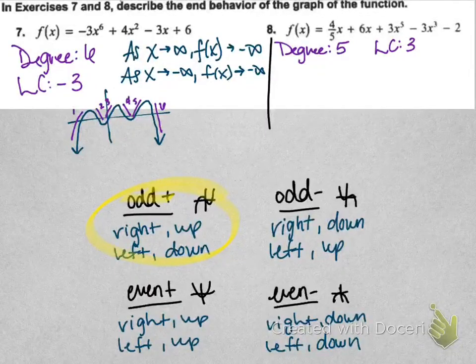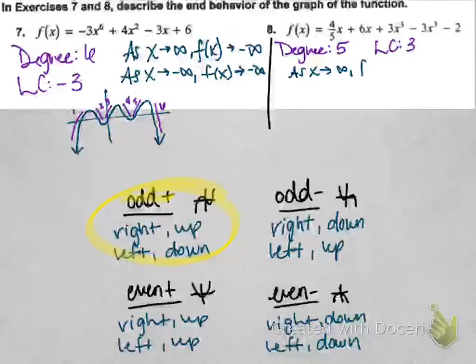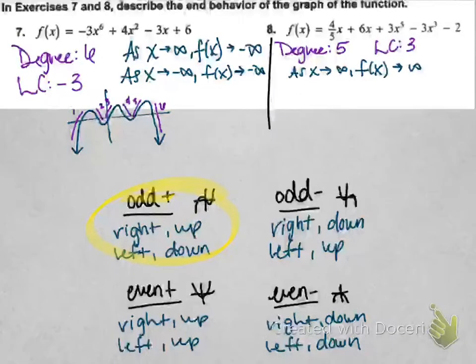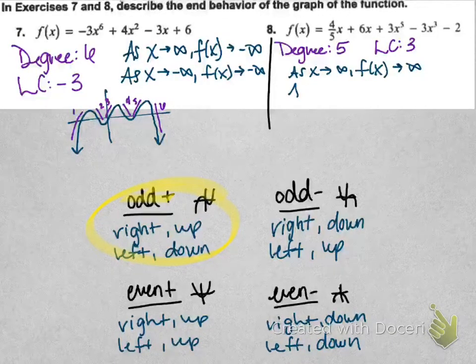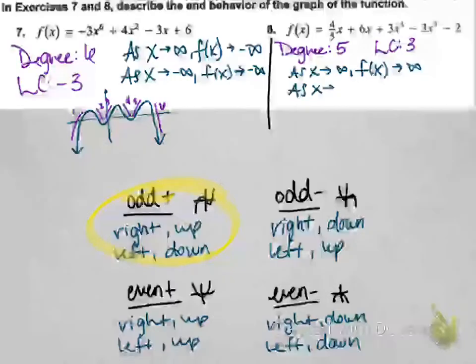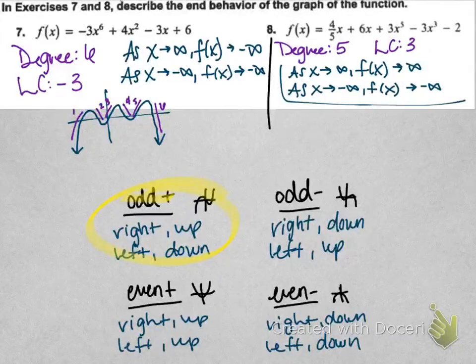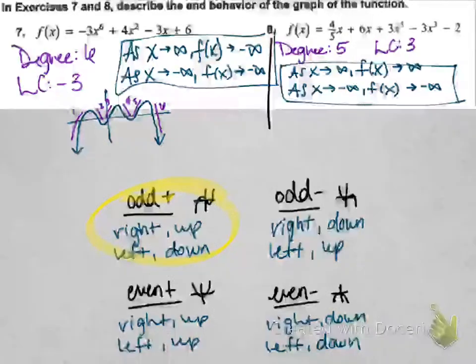So my sentence is going to be, as x approaches infinity, as it's on the right-hand side, my function is going to be moving upwards. It's going to be towards positive infinity. However, when it's on the left-hand side or approaching negative infinity, the function is moving downwards or towards negative infinity. And remember, these are our answers.